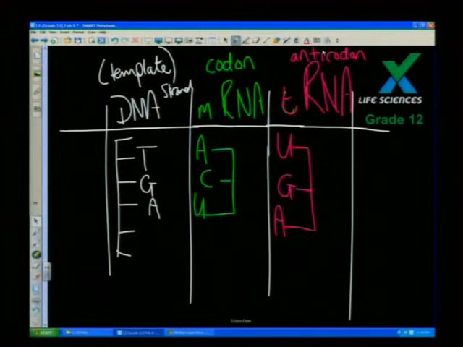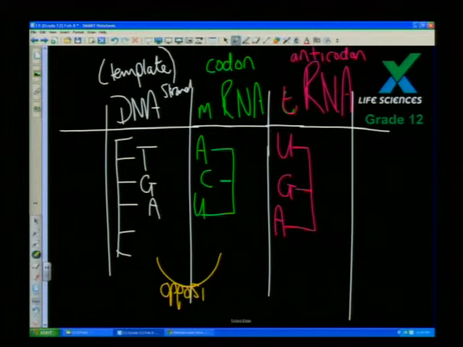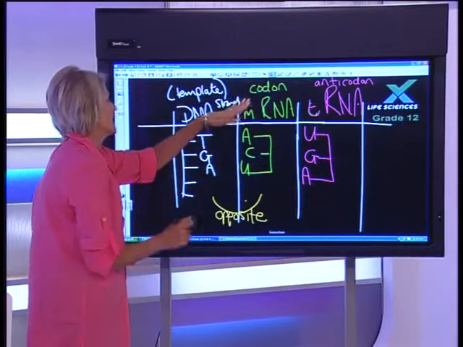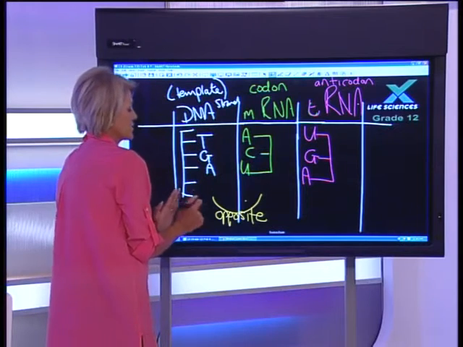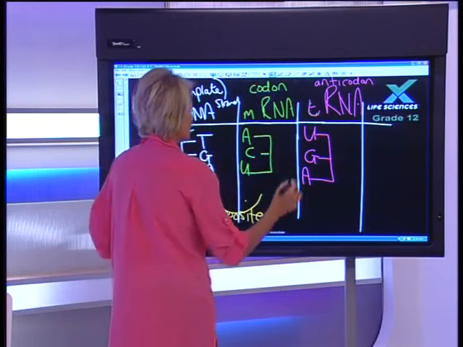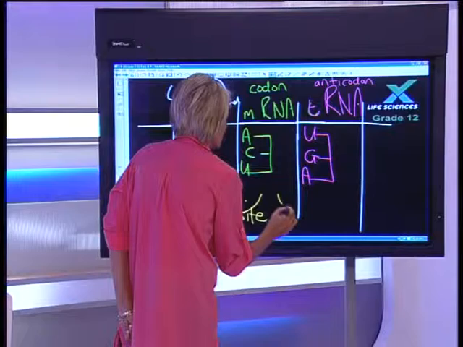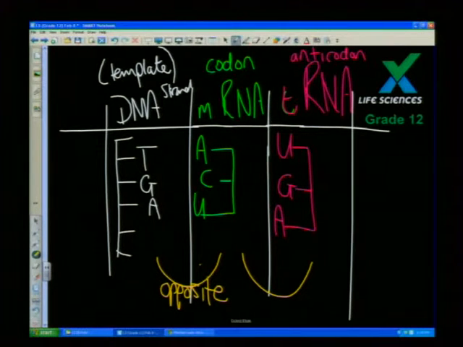Watch here. The DNA and the codon of the messenger RNA is opposite. So the codon is the opposite to what the information is on the DNA strand. And the anticodon and the codon, so the difference in the messenger RNA and the transfer RNA, is opposite.